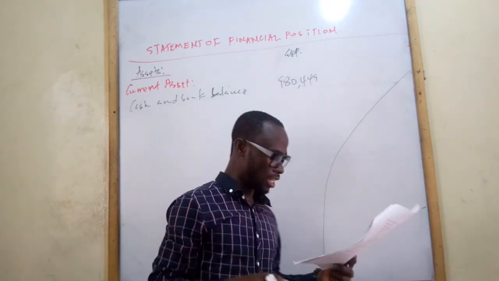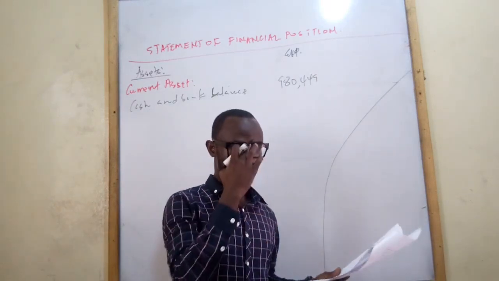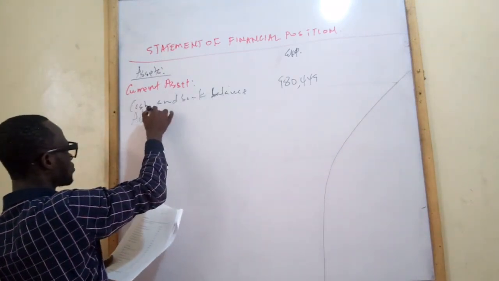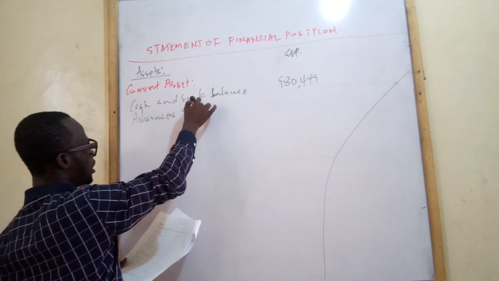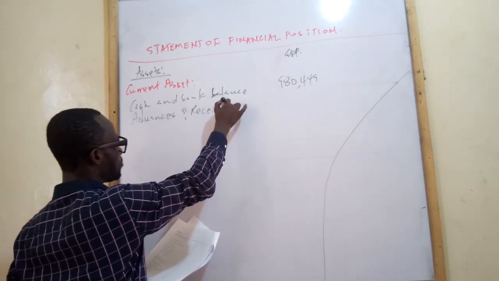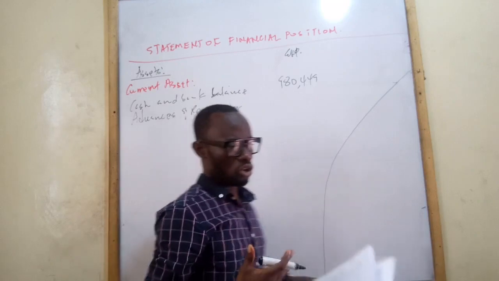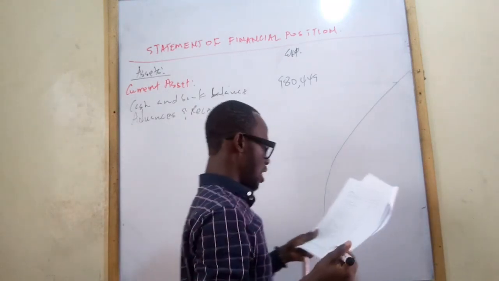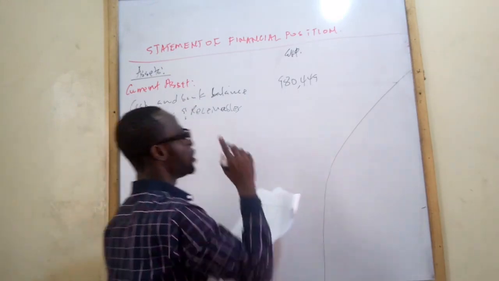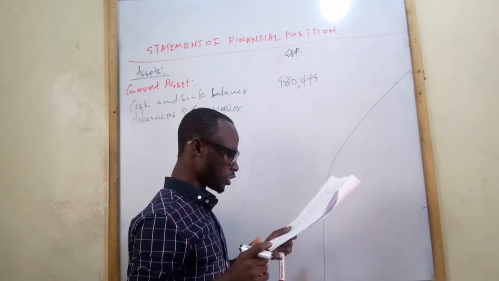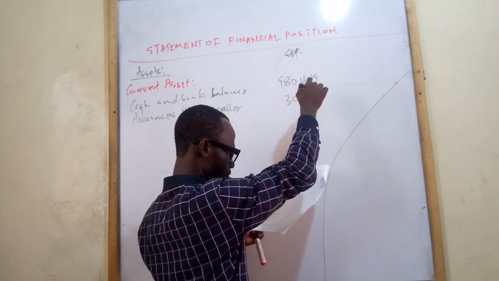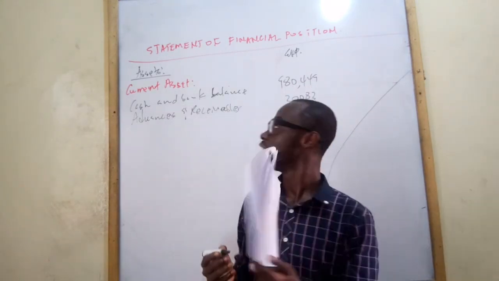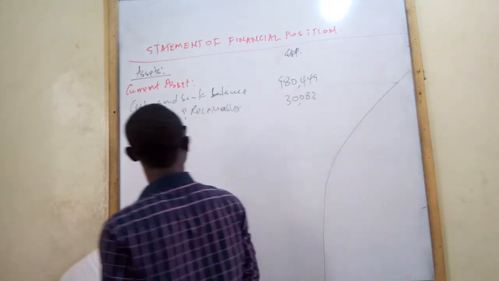That is the cash and bank balances. Then we were also given advances and receivables. So advances and receivables will come here. Now, we were not told whether the advances were long-term or short-term, right? But since it's a receivable, I'm just assuming that it's a short-term receivable, and that is 30,082. And so I believe these are the current assets.